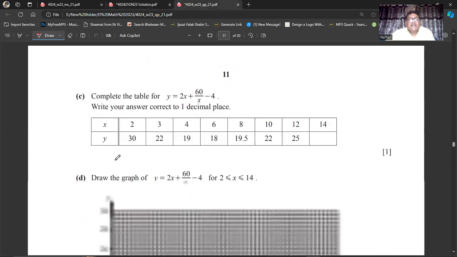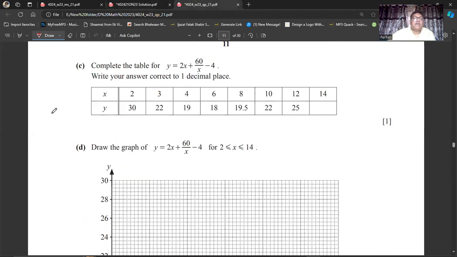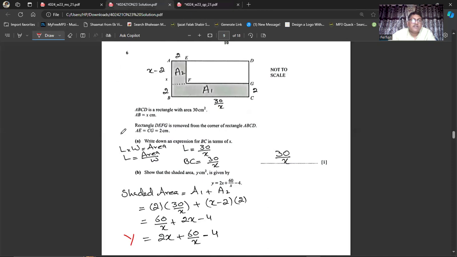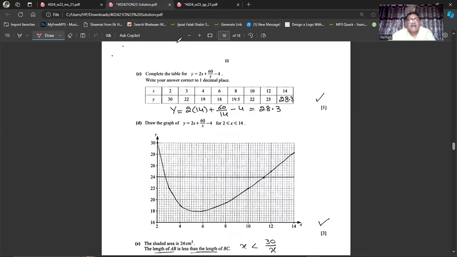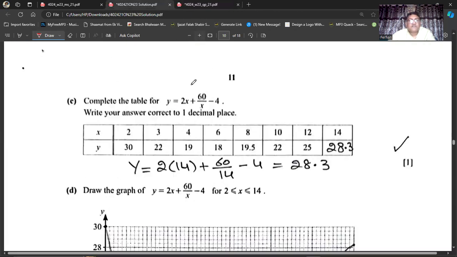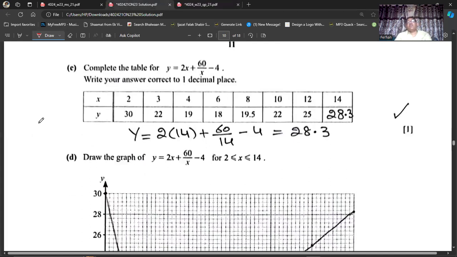Okay, so then we have this. He says complete the table for y equals 2x plus 60 by x minus 4. In the given table, only the last column needs to be filled. Here the value of x is 14. So in this equation, wherever there is x, substitute 14.